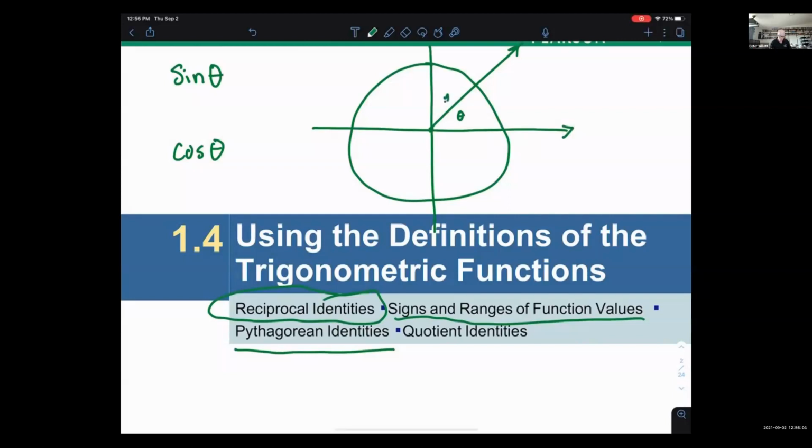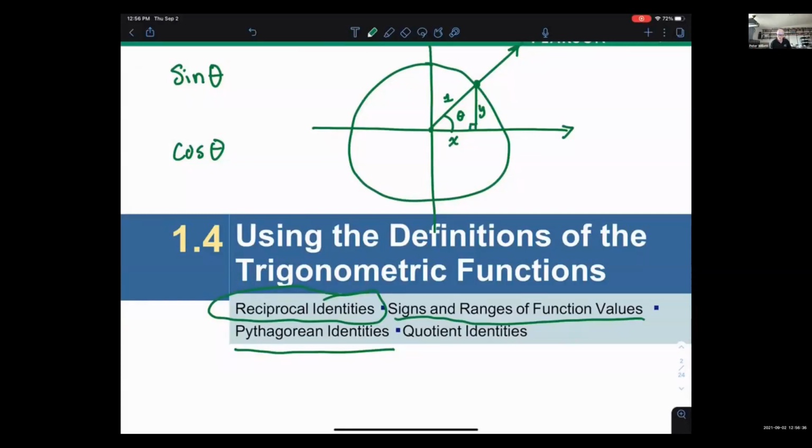So I'm going to put a 1 here, meaning that the radial length is 1, so this is a unit circle. Then I define sine of this angle theta to be the y value of that point, and I define cosine of that angle to be the x value of that point, which you can visualize, at least their size, on a little right triangle stuck in the middle there.